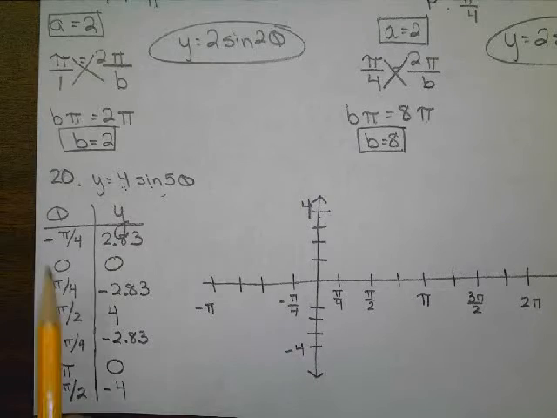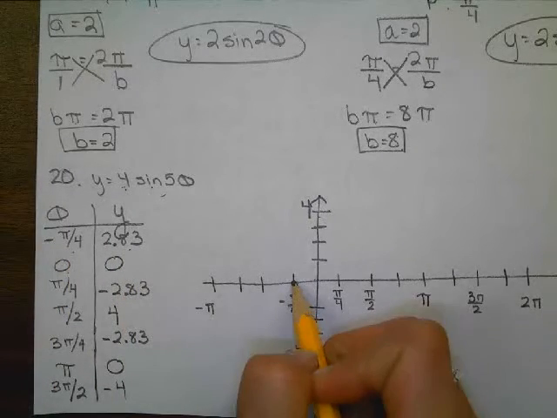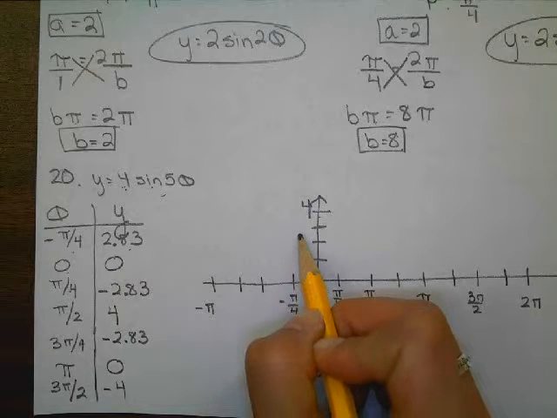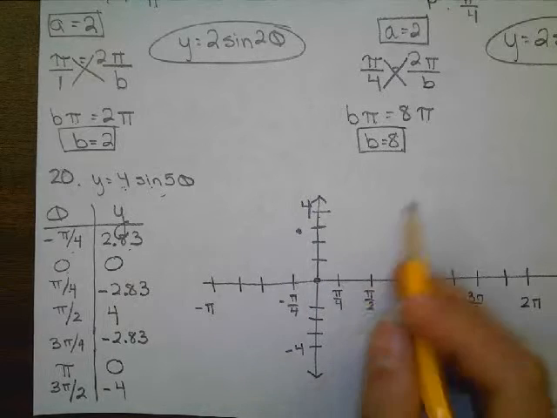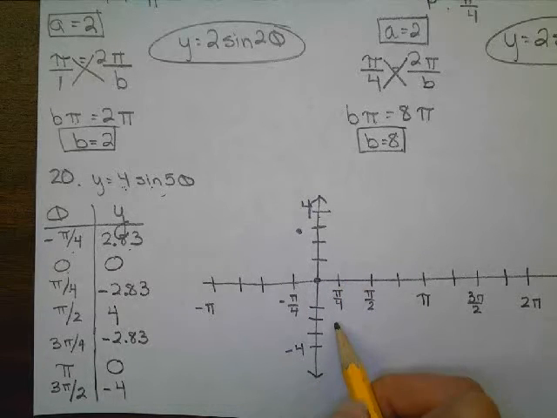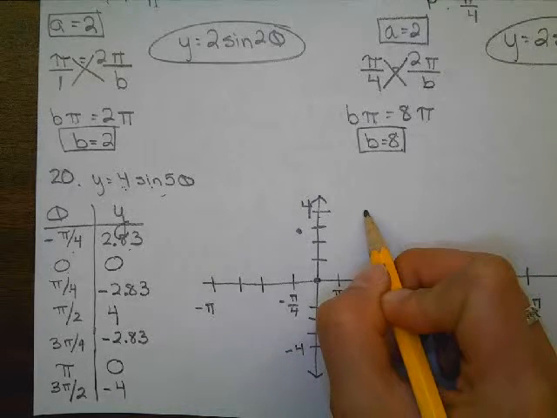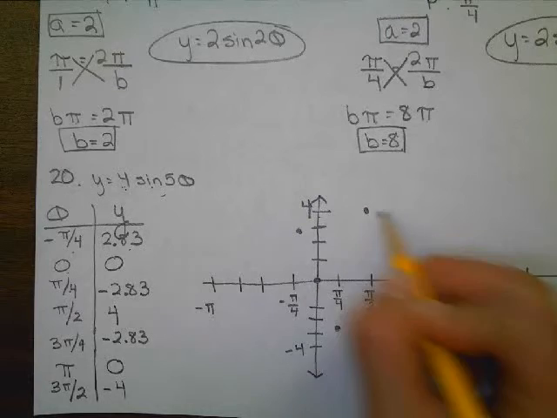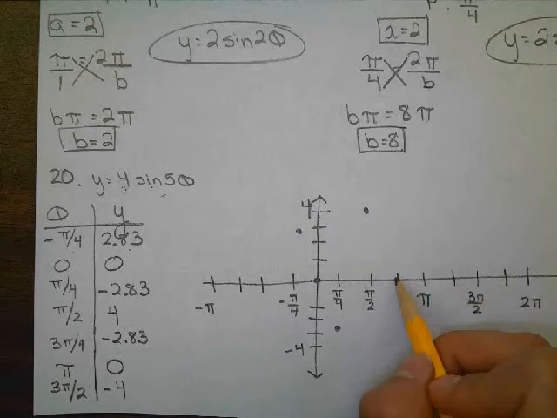Now I just plot these points. At negative pi over 4, I'm at 2.83. So negative pi over 4, 2.83, which would be right about there. 0 is at 0. Pi over 4 is at negative 2.83. Pi over 2 is at 4. 3 pi over 4 is at negative 2.83.